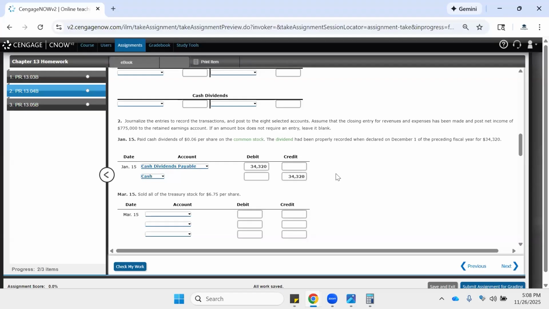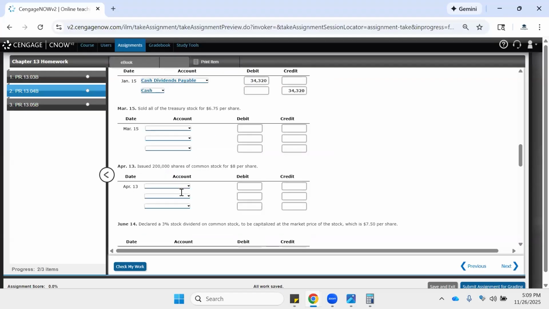Only people that own the stock on the record date get the dividend. The payment date is when the dividend is paid, and that is January 15th in this case, when they pay the cash dividends of 6 cents per share.